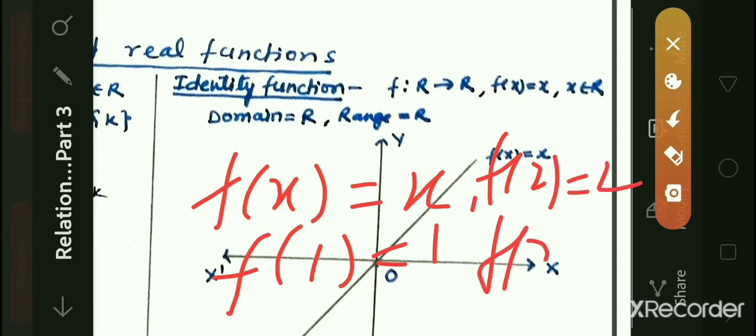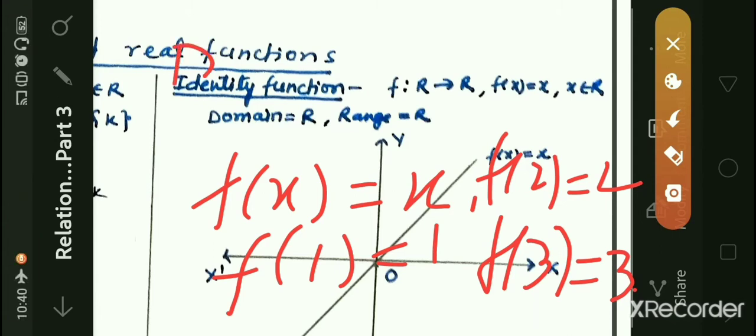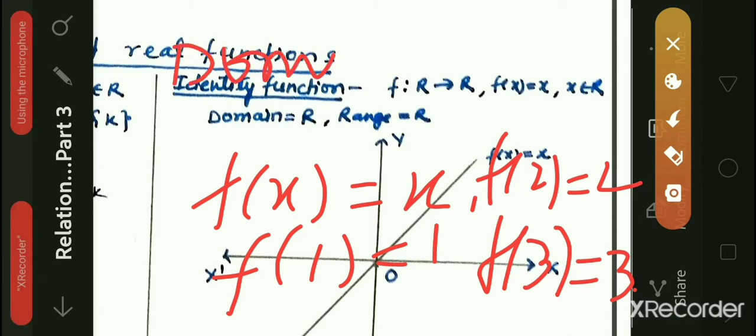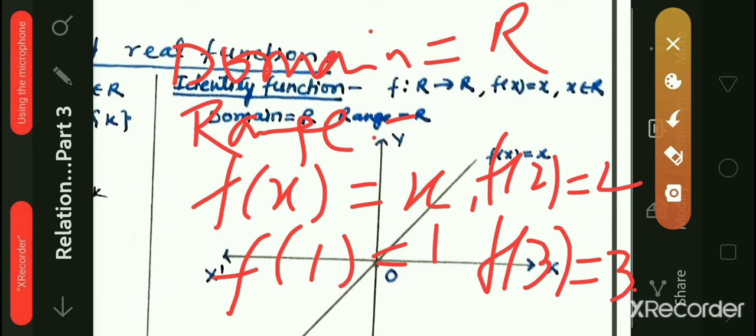If you put 3, you will get 3. So, there is no difference between range and codomain elements. So, the domain of this function will be R, and the same will be the range, R.